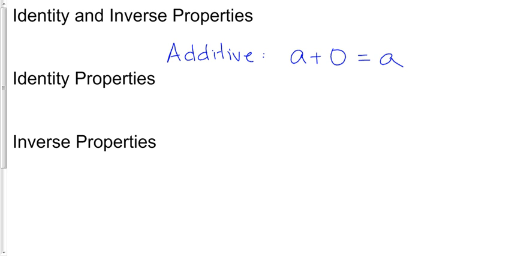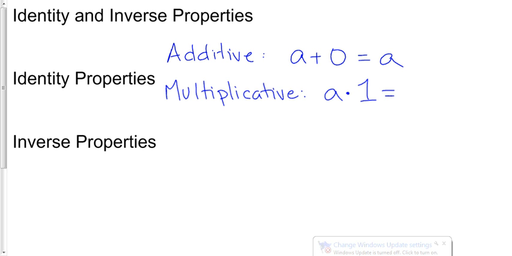So A plus 0 is still A. The multiplicative identity says if you multiply anything by 1, it stays the same. So it's very important. We can add 0 to anything, or we can multiply anything by 1, and it does not change the value of what we started with.